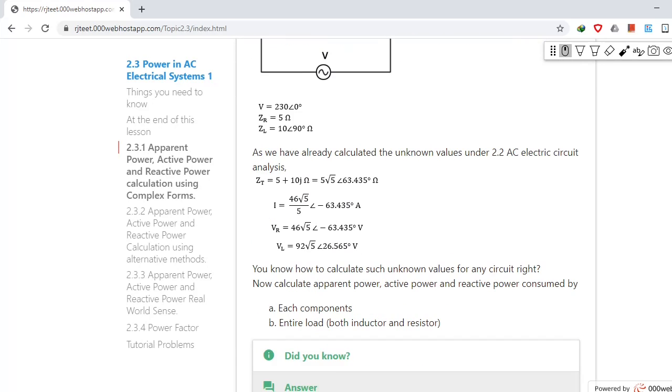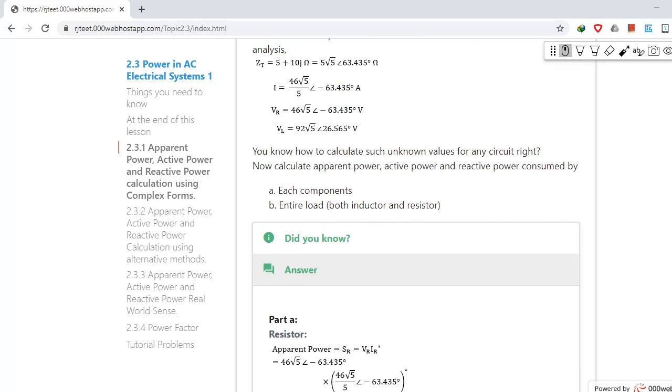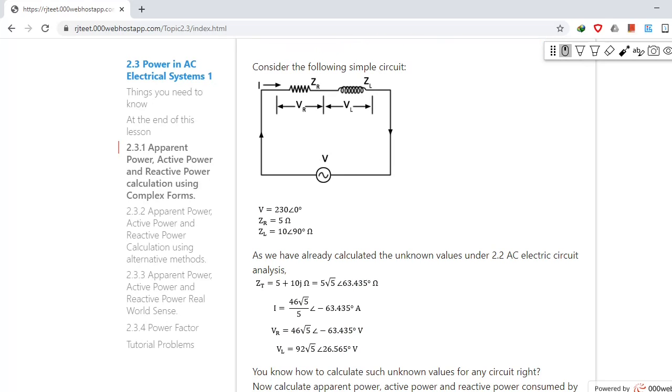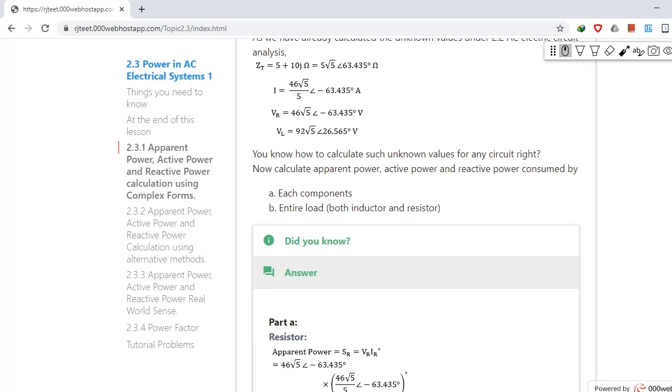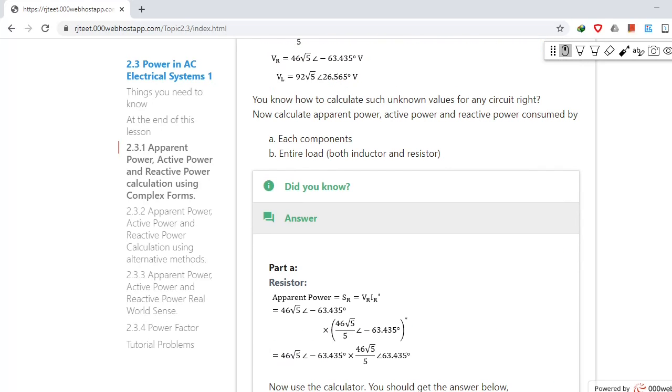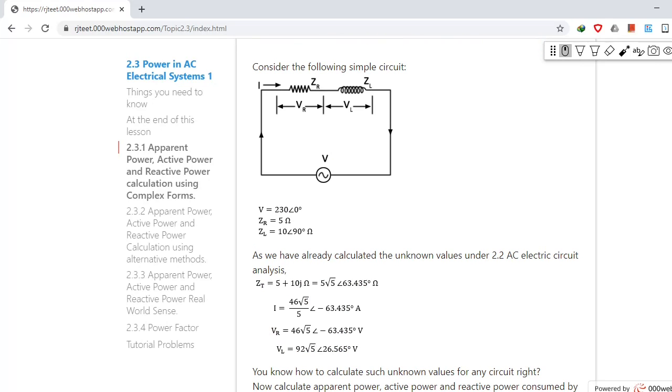So in this part, we have to calculate for each resistor and inductor the apparent and active and reactive power. So let's proceed with the first element, resistor here. And as you can see, we already know the voltage and current. Let's say we are going to find the apparent power of this thing, so S R, and for that we need to know the current through this element and the voltage drop across this element.